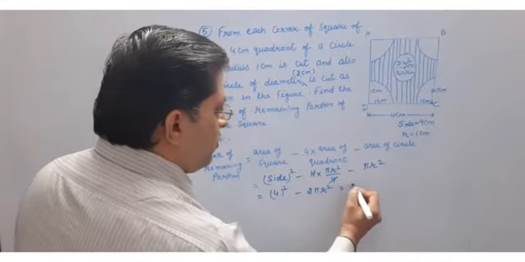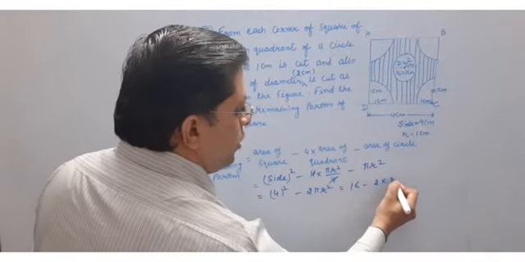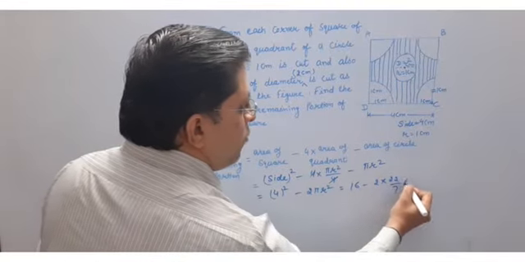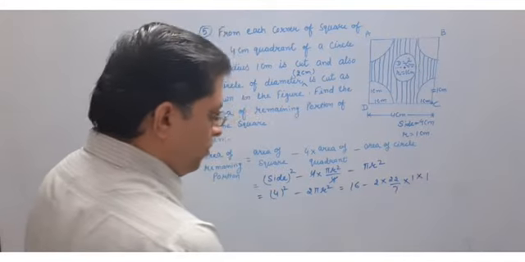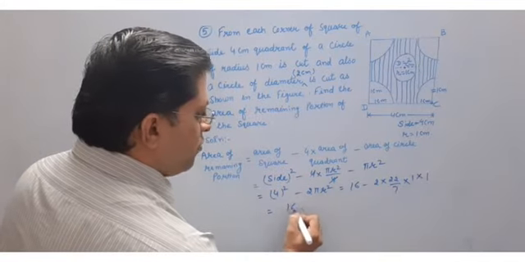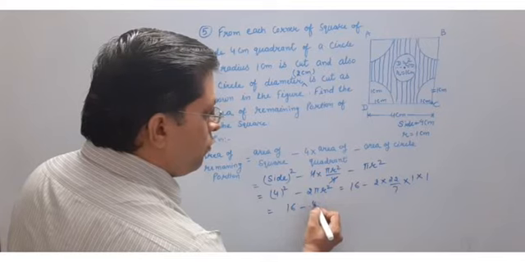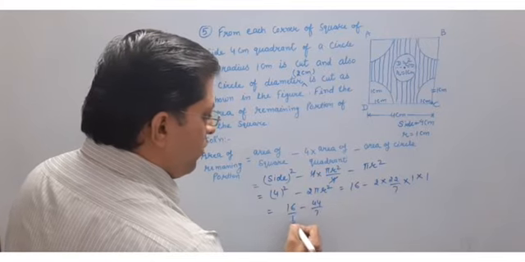Okay, 4 square is 16 minus 2 into 22 upon 7, and r is 1 into 1. Then 16 minus, this is your 44 upon 7.